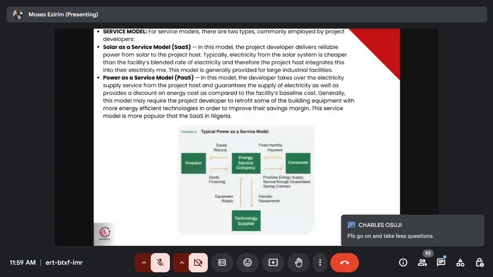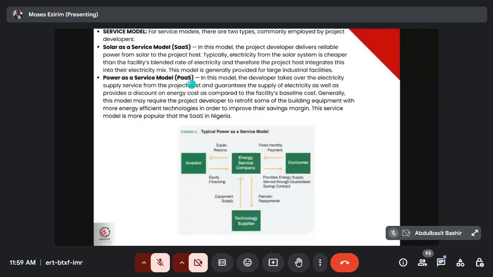So what this is simply saying is that for power as a service, I will take over the whole electricity infrastructure of the business owner. If the business owner is using a generator, I can decide to bring in my own generator. If the business owner is connected to grid, I will take charge of that. Then I will bring in my solar assets.